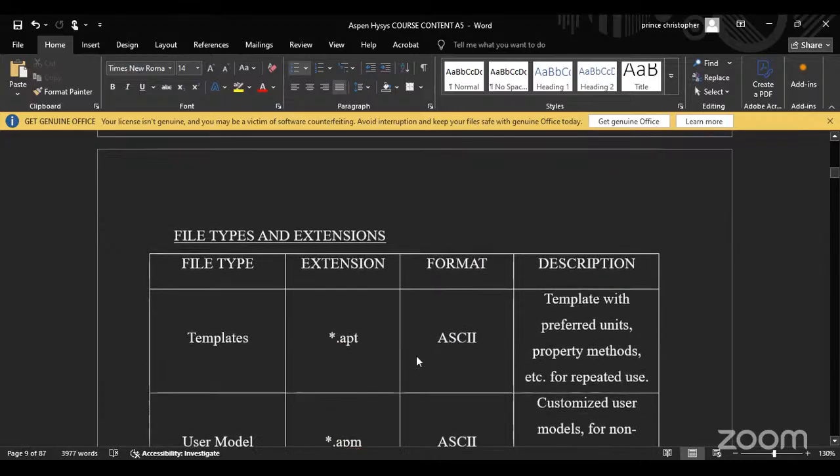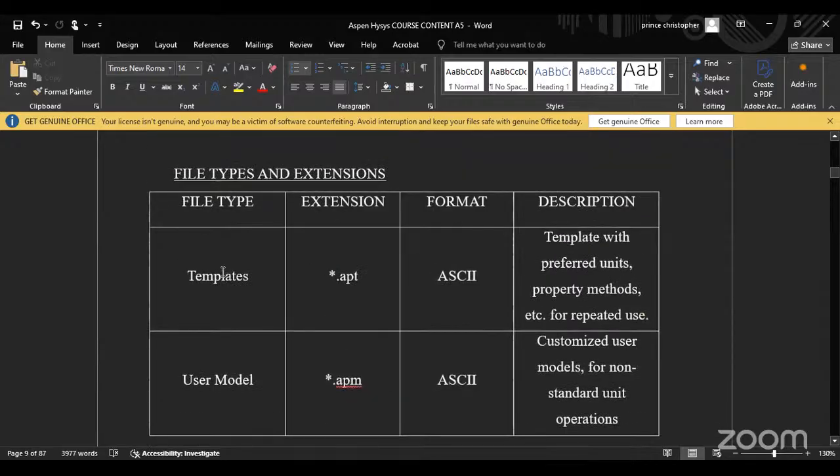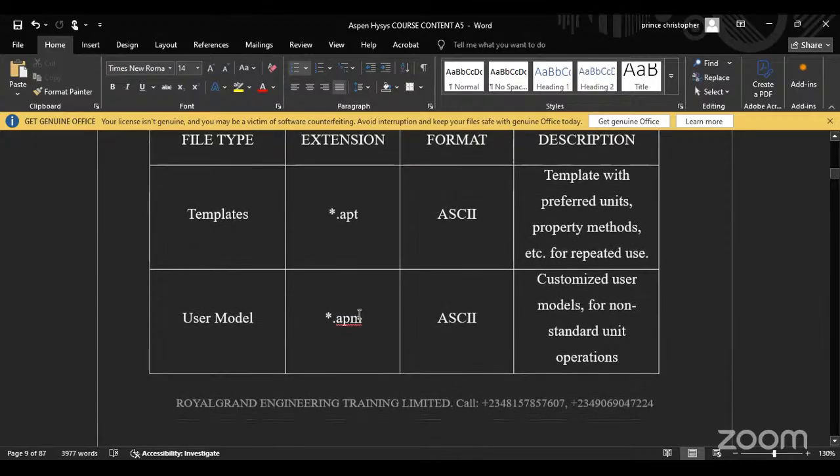And these are the 5 file types in Aspen Hysys. The extension for template is .apt. User model is .apm. When we are talking of templates, we are looking at custom settings or files that came in Hysys.